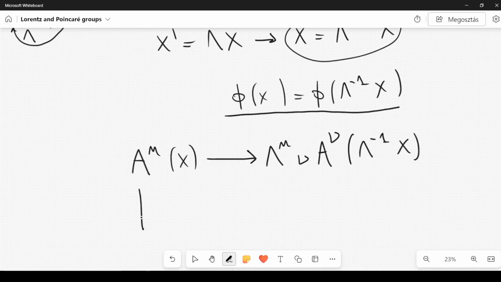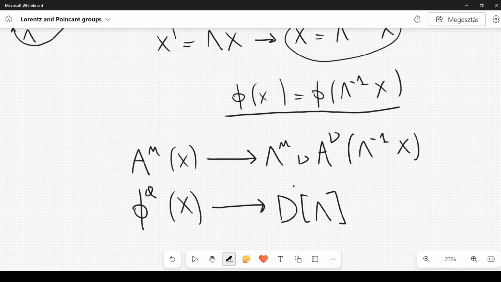And we might have a different field phi a, and a is still an integer that can take the values 0, 1, 2, and 3, so you might say it is the same as this. Indeed, it's true, but we are defining the transformation in a slightly different manner. The transformation of this object will be given by a representation of the Lorentz group that I will define like this, D of lambda, and I will be more specific in the subsequent minutes of this video.